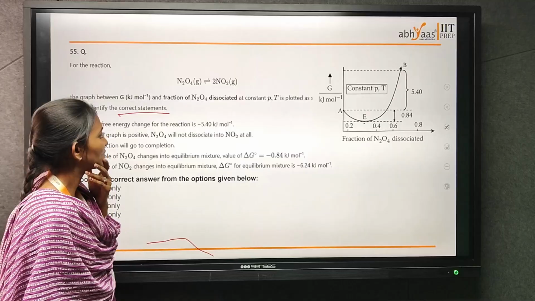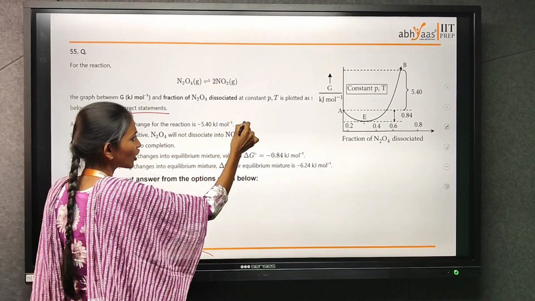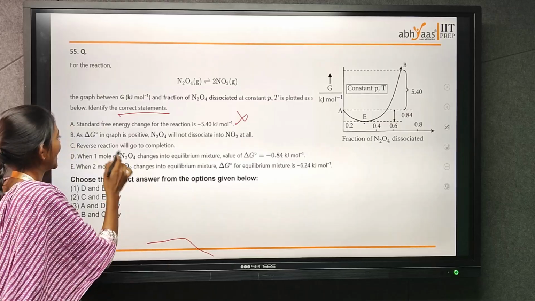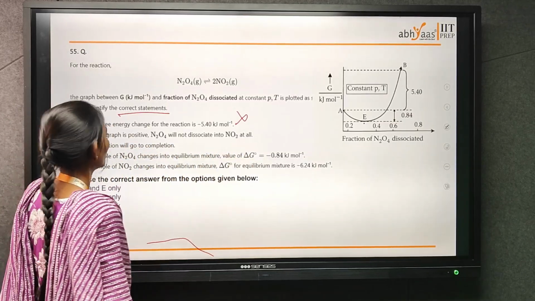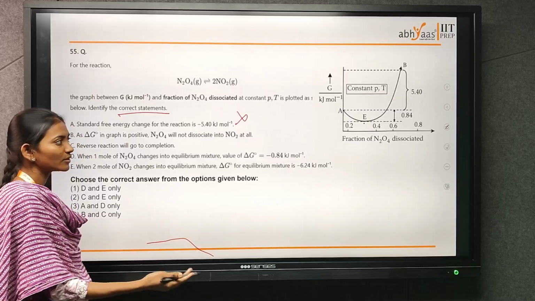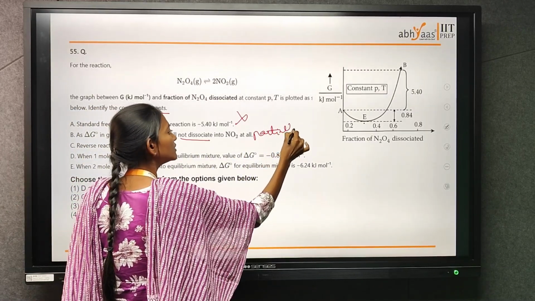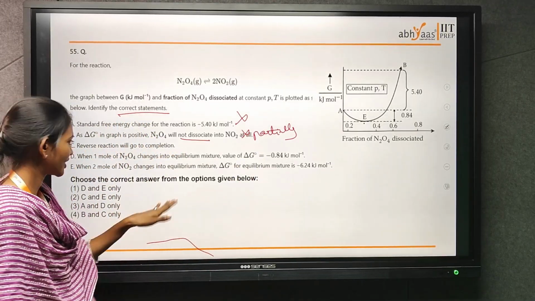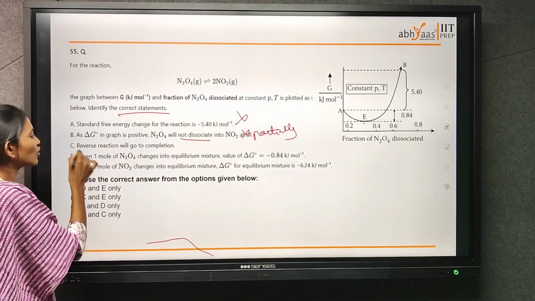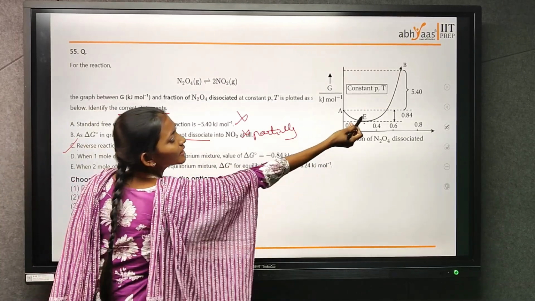Coming to the plot, they have mentioned that the standard free energy change for the reaction is negative. No, we are not getting negative, we get positive. And delta G is positive and will not dissociate into NO2 at all? It will dissociate, but partially, not completely. So it is not a correct statement. And the reverse reaction will go to completion? Not at all. When 1 mole of N2O4 changes into an equilibrium mixture, delta G is at equilibrium.